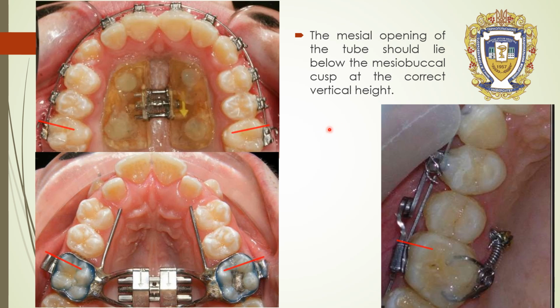The mesial opening of the tube should lie below the mesiobuccal cusp at the correct vertical height. Please notice that every mesial opening of every molar tube here, here, or tubes welded to bands, is aligned below the mesiobuccal cusp.